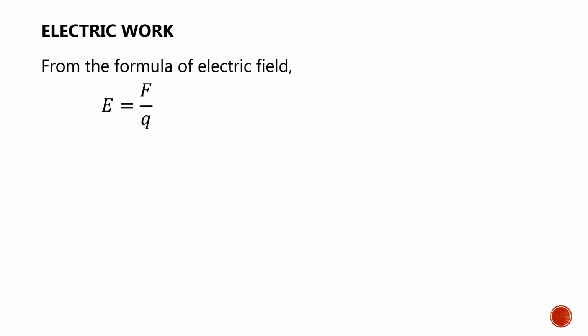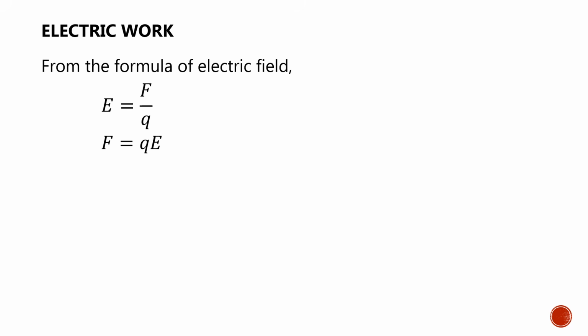When a charge sits inside an electric field, the field exerts a force on the charge. From the formula of the electric field, we can solve for the force by multiplying the charge and the electric field values.